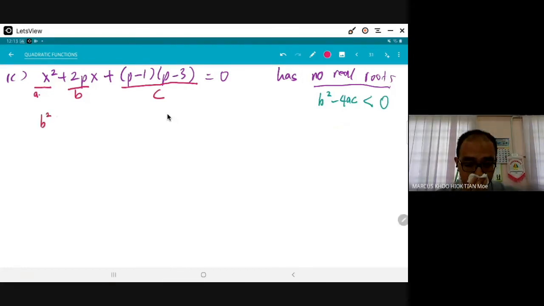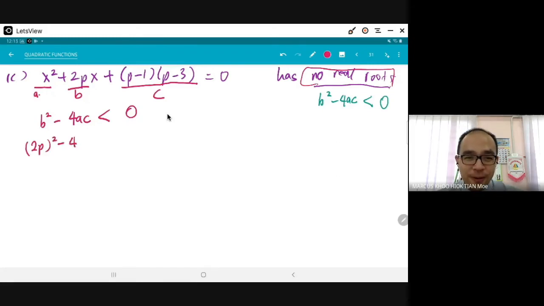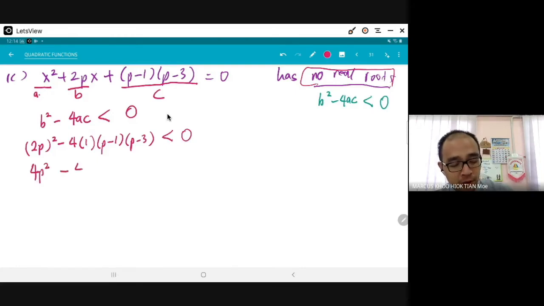So, dia sudah sama dengan kosong. Kita boleh terus ganti ke dalam. So, b squared minus 4ac is less than 0. Sebab dia cakap no real roots. Okay, so b adalah 2p semuanya squared minus 4 times 1 times p minus 1 and times p minus 3 kurang dari kosong. Okay, anyway, 4p squared, okay, minus 4. Kita selesaikan dulu this kurungan.